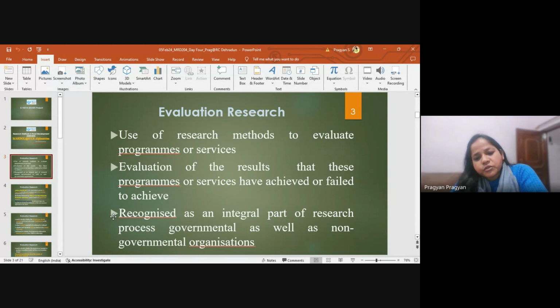Then, it is also recognized as an integral part of the research process, not only for governmental agencies but also for non-governmental agencies. Why? Because the basic idea of rural development is that this area is going to be changed after a short or longer span of time.